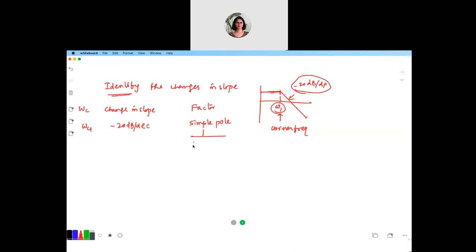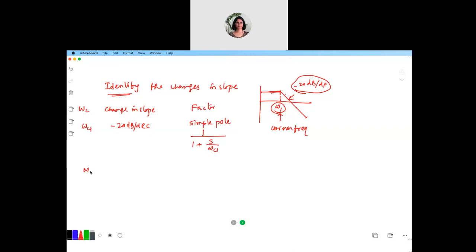So 1 by 1 plus s divided by omega C1. This will be the factor. If I know the corner frequency and the change in slope, then I can obtain the factor. So if omega C1 is the corner frequency and the change in slope is minus 20 dB per decade, then the factor will be 1 divided by 1 plus s by omega C1.